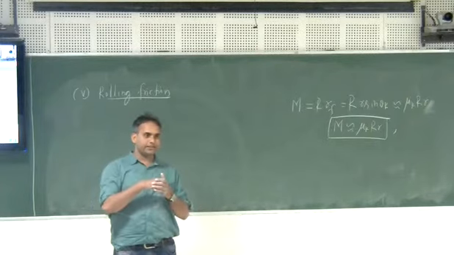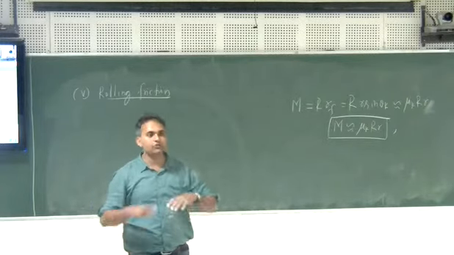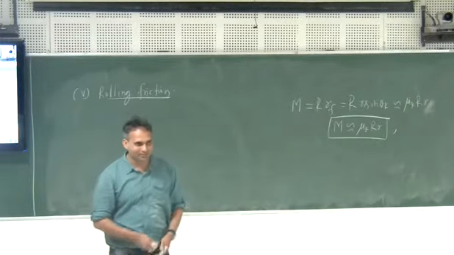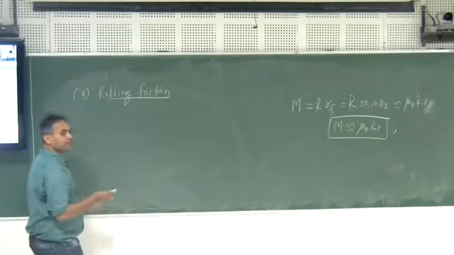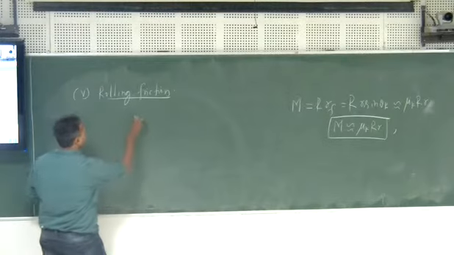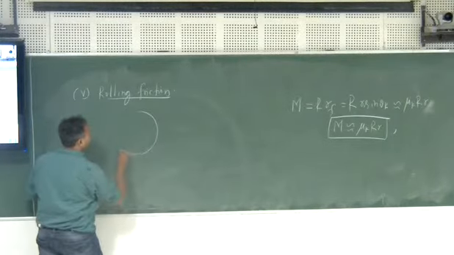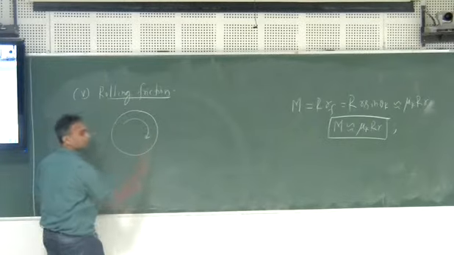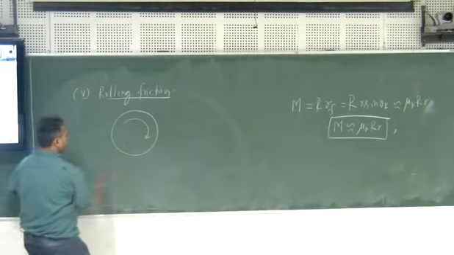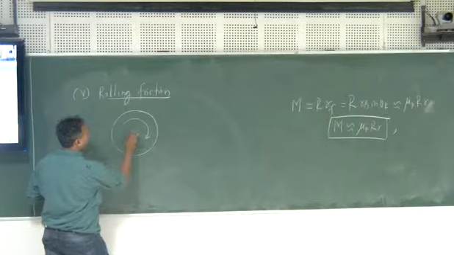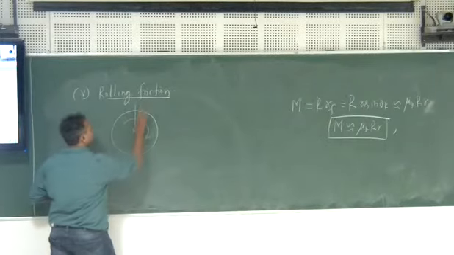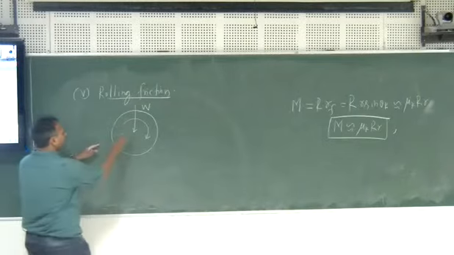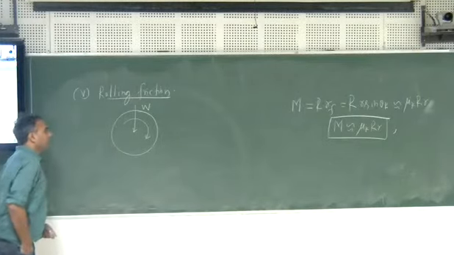Either the rolling object is deformable or the surface over which you are rolling the particular object will get deformed. So let us say your surface is deformable. Let us say the object is rolling in this direction. Let us say the weight of this particular object is W, and you have to apply a load.